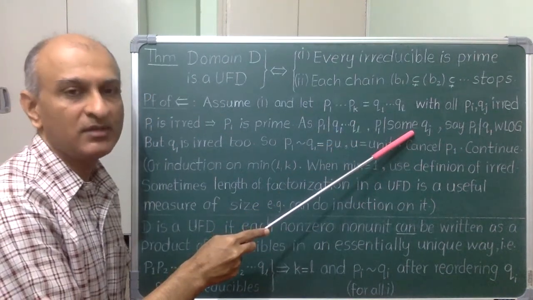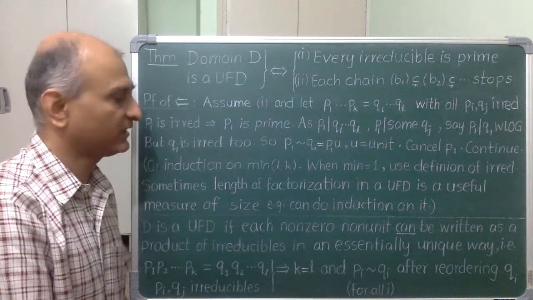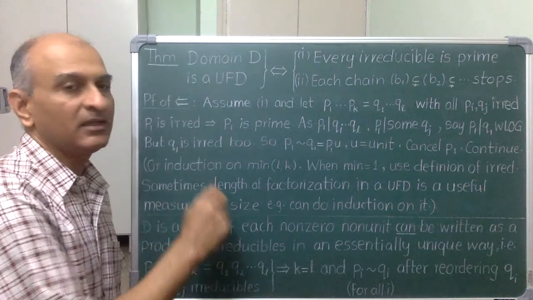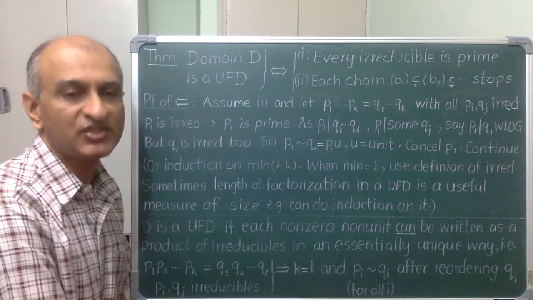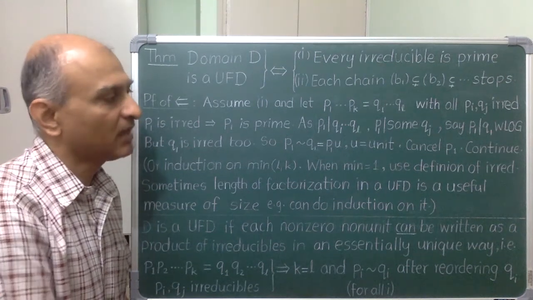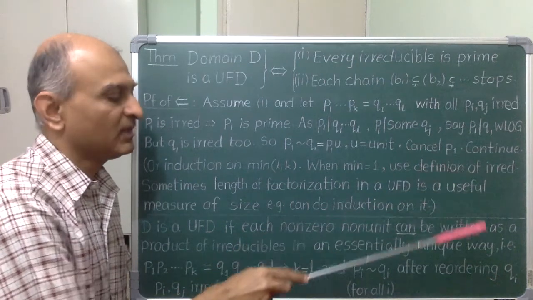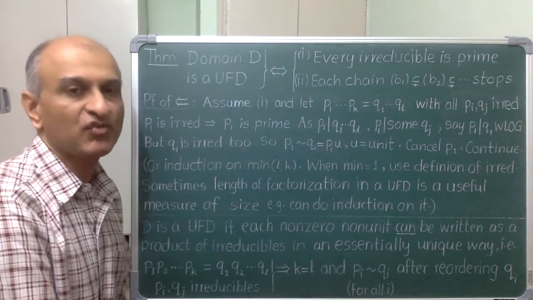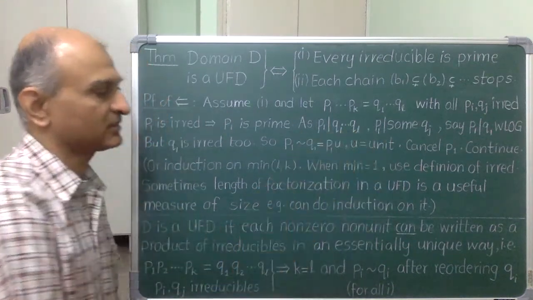Let's say Q1 by reordering if necessary. Now, Q1 is also irreducible, and therefore it does not have any proper factors. So P1 has to equal Q1 up to multiplication by some unit. Now, cancel P1 and continue. Okay. Notice that the definition of prime was made in such a way that this argument works.